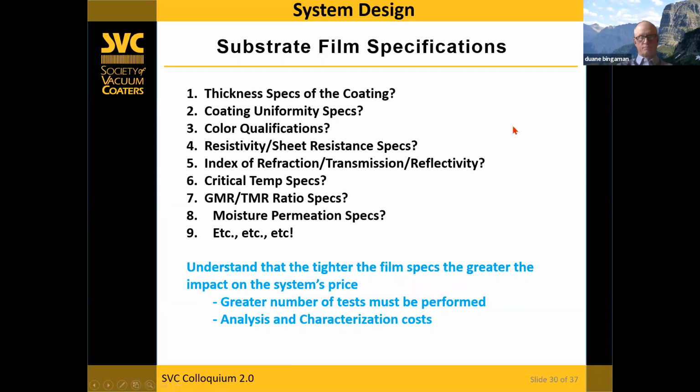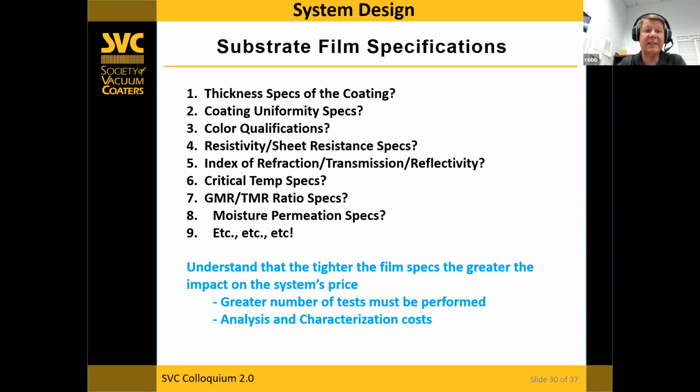So if you're trying to build, specify, or design a thin film system, a system for making thin film coatings, you're going to want to specify the coating and the uniformity of the film. If it has any color qualifications, there are about 1,001 different specifications you can tie to just about any thin film.